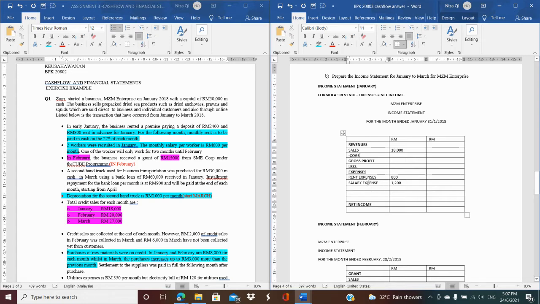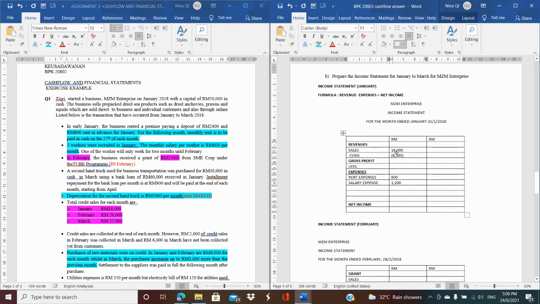For January you will only put the amount 8,000. This amount will be deducted from the sales amount. I'm putting a bracket to show that this amount must be deducted. A bracket is the indication that you must deduct this amount.